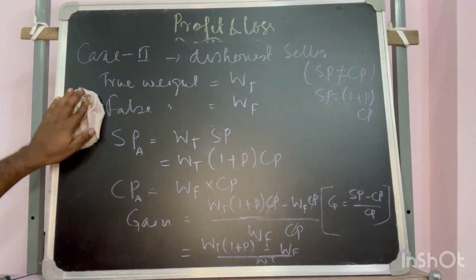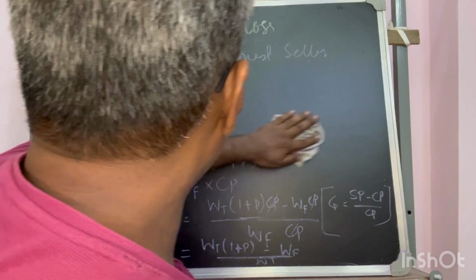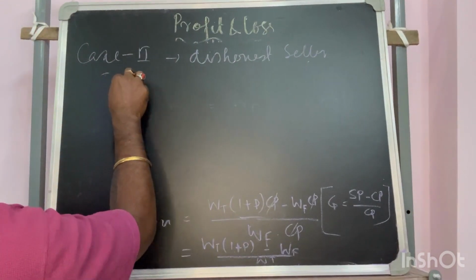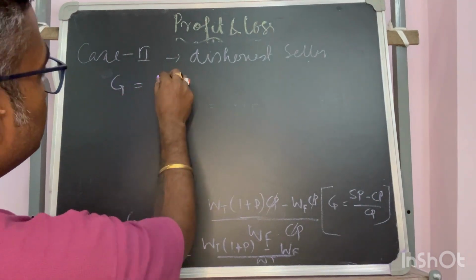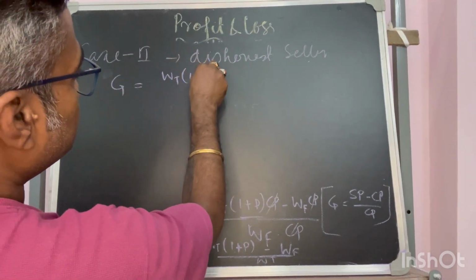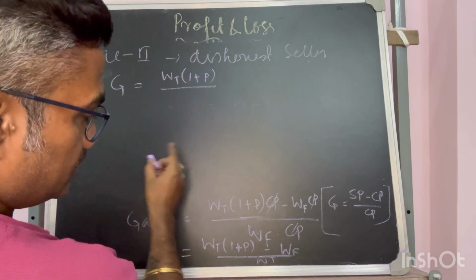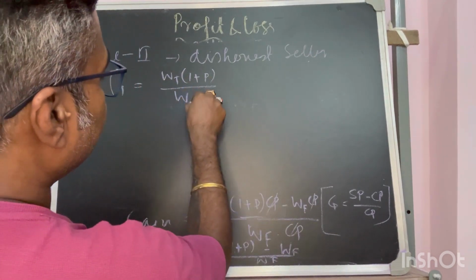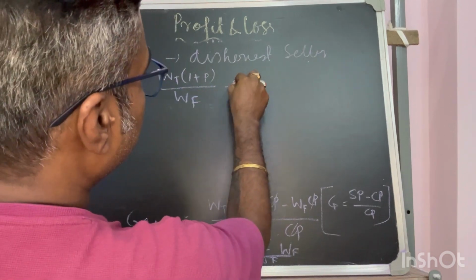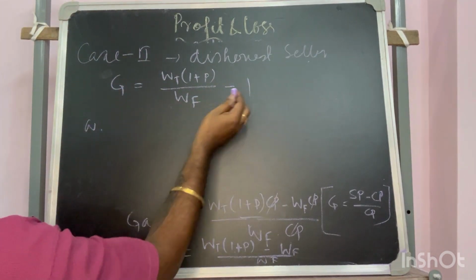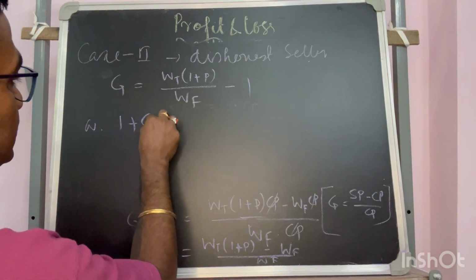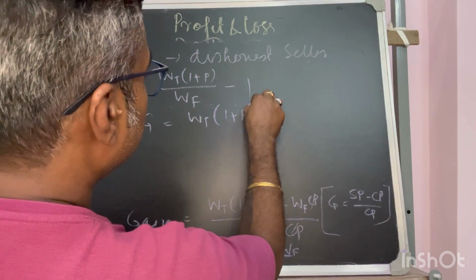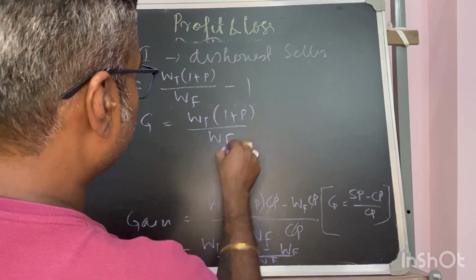Okay, so we can come to an equation where gain G is equal to, if I separate it out, 1 plus P divided by, if I divide this all by WF, because the denominator is WF, this will turn into minus 1, or WT into 1 plus P by WF.